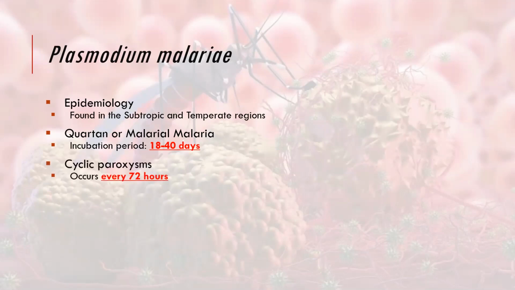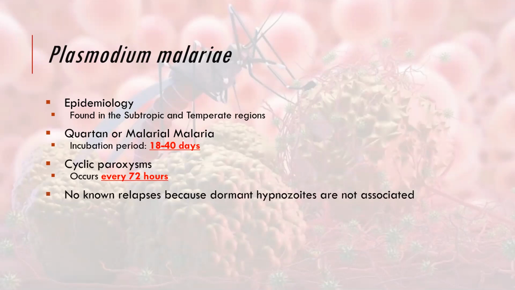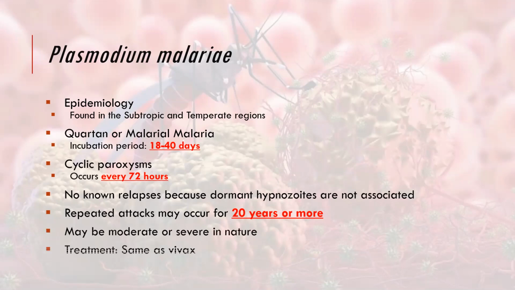And then cyclic paroxysms, 72 hours. Okay. Ito naman, no known relapse, hindi kagaya ni ovale at saka ni vivax. Pero meron siyang repeated attacks that may occur for 20 years or more. Okay? Treatment, same as vivax.